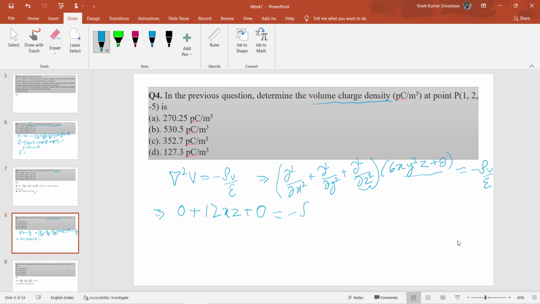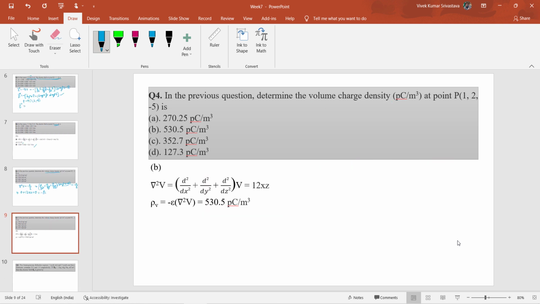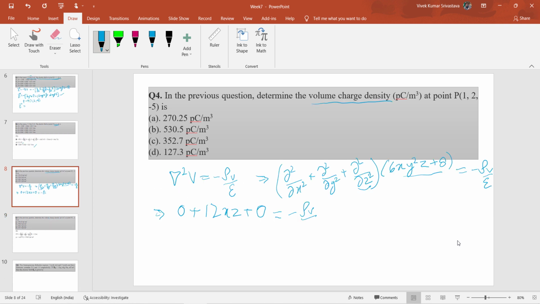This will be equal to minus rho v by epsilon. So this rho v becomes equal to minus 12xz into epsilon.